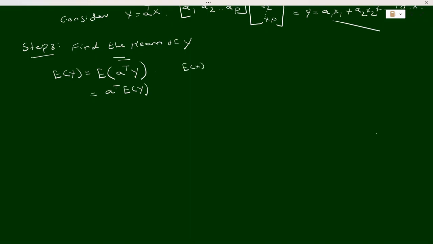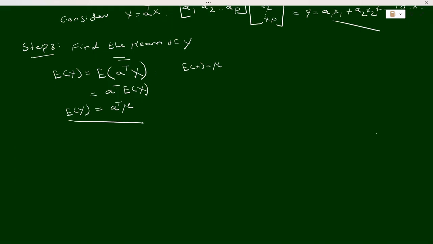We have seen expectation of x is nothing but mu. Therefore, a transpose mu is nothing but expectation of y. So this is the mean value.